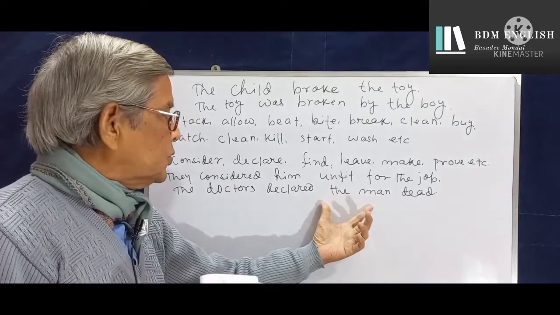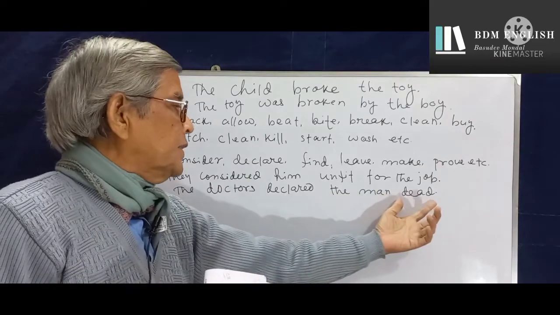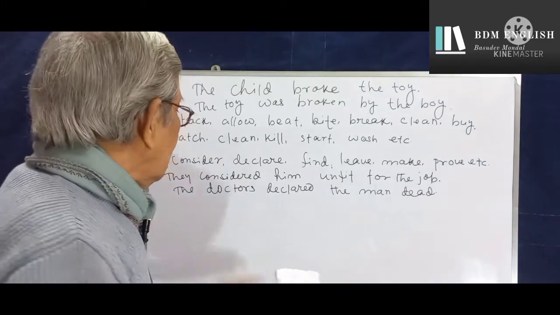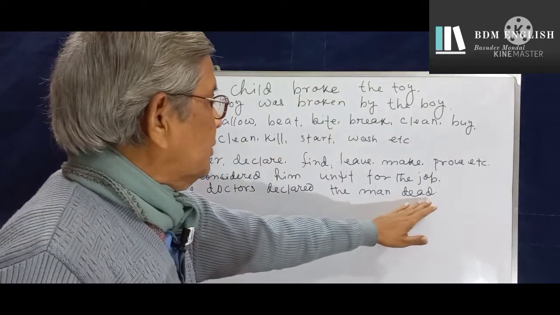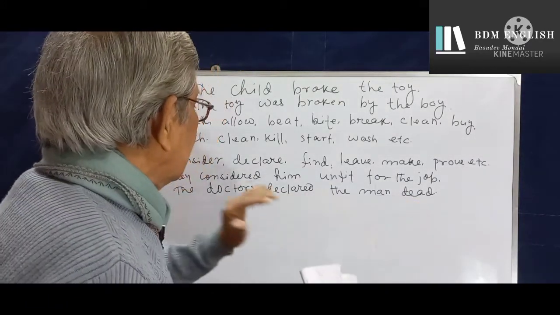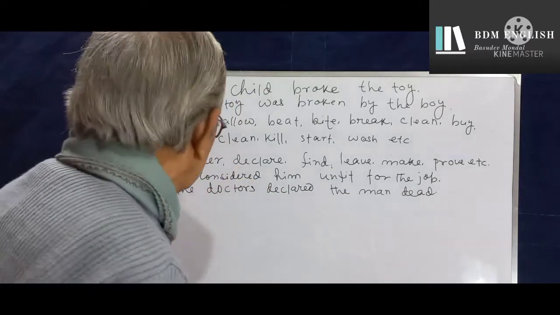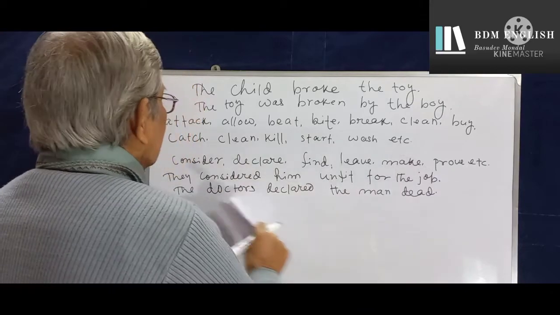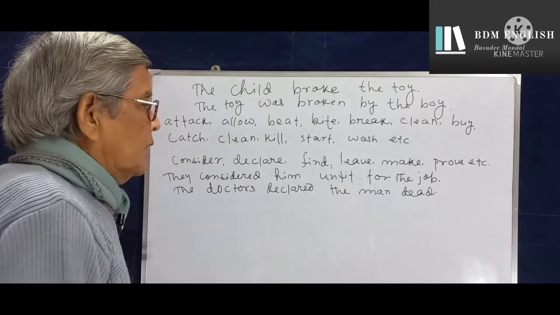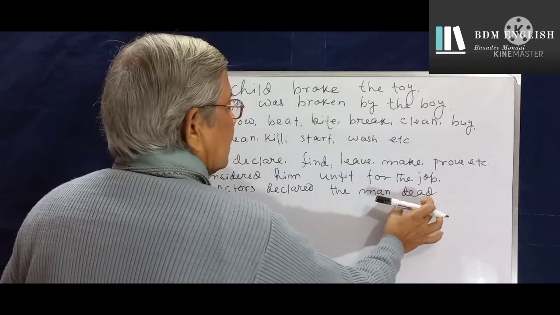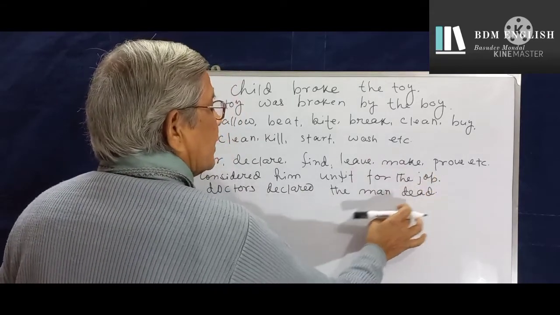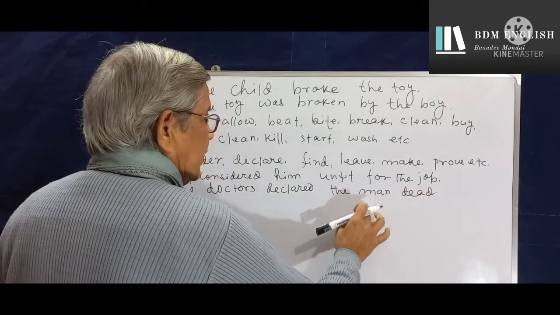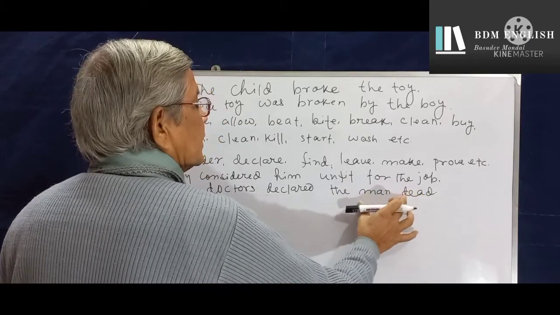We need to use an adjective or a noun, whichever is appropriate, to complete the minimum length of the predicate and make a clear and complete statement about the subject so that the whole group of words becomes a sentence. So this word is called a complement, and as the adjective dead here describes the object, the man, it is called an object complement.